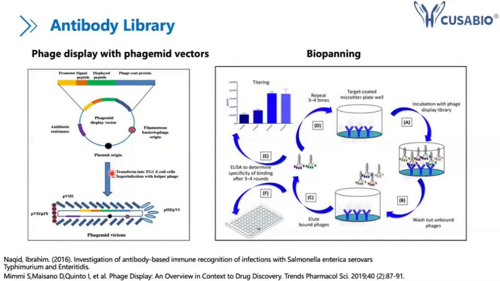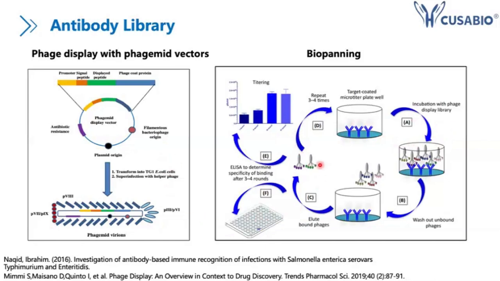For example, the phage display that I showed you here is a pretty successful platform in antibody discovery. If you have different antibody candidates, they can be fused and integrated into the phage genome. And then after expression, the antibody can be displayed on the phage surface, right?